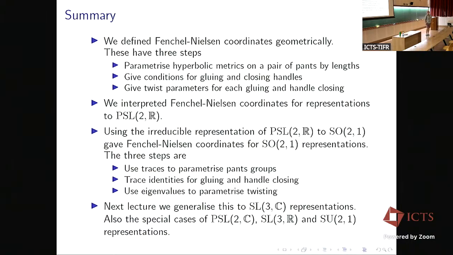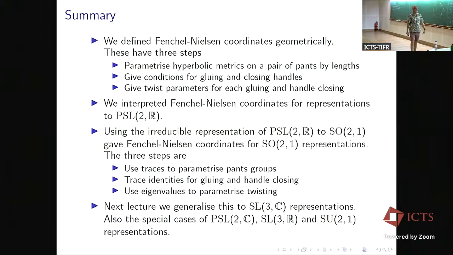But if I'd gone straight to SO(2,1), that would have been a slight leap too far. When I do that, my 3 steps become: parameterizing pairs of pants is choosing my traces, working out how to glue is relations between those traces, and working out how to twist is about eigenvalues.